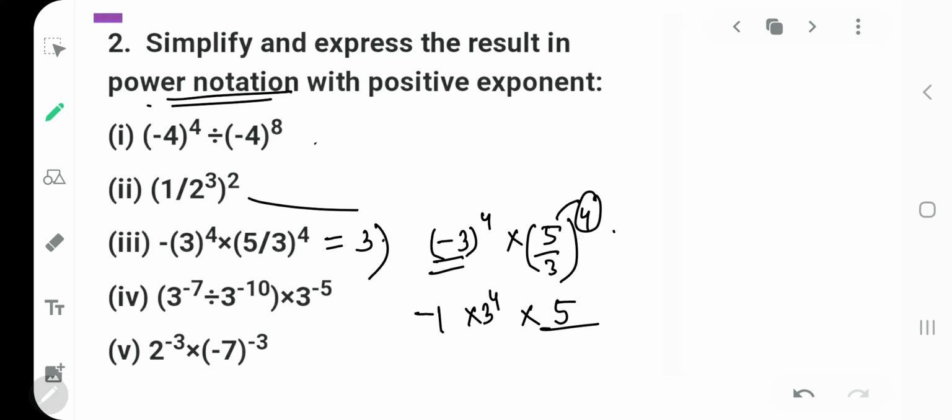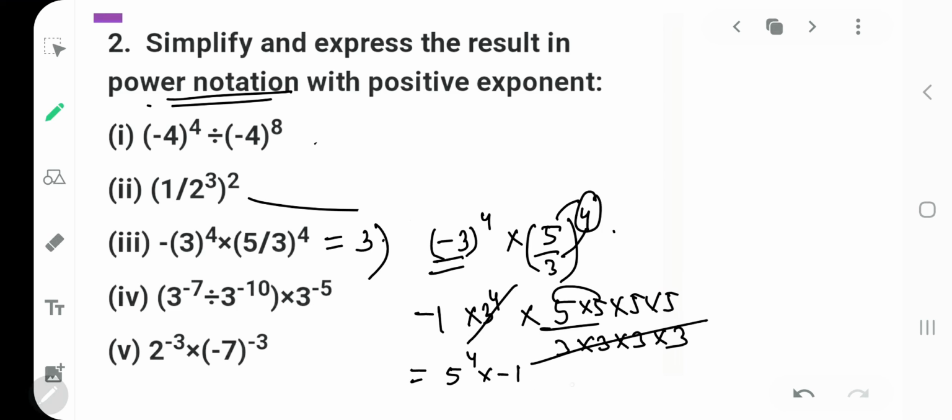This 4 is with 5 also, with 3 also. That means you have to multiply 5 for 4 times and down you have to multiply 3 for 4 times. Is that clear? Now this 3 for 4 times and this 3 raised to 4 can be eliminated, can be taken out. So here it will be remaining 5 raised to 4 into minus 1. That will be minus 5 raised to 4. Is that clear?